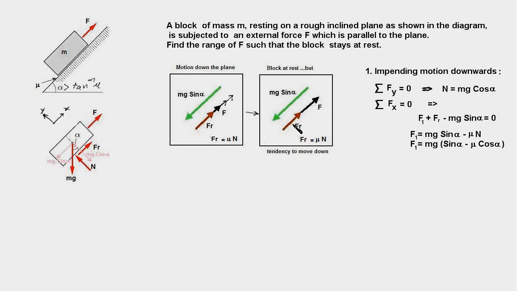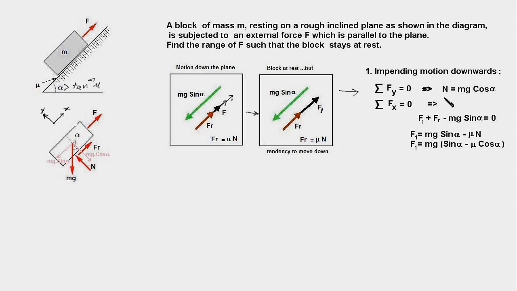But at this level, which we can call F1, the magnitude of Fr and F1 combined is the same as mg sin alpha, and the net force on the block is 0, and therefore the block will stay in equilibrium. So now for this condition we can write the equilibrium equation like this.